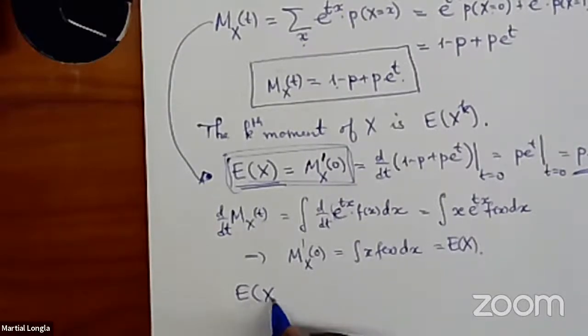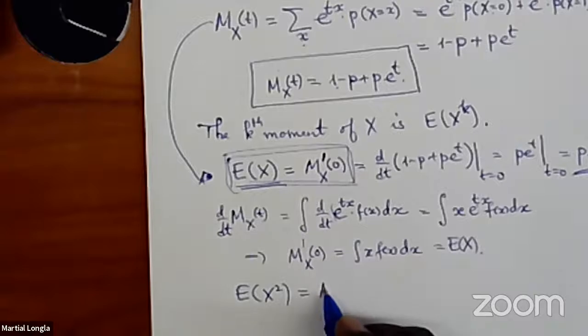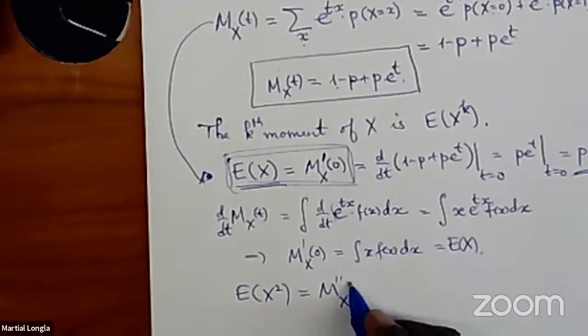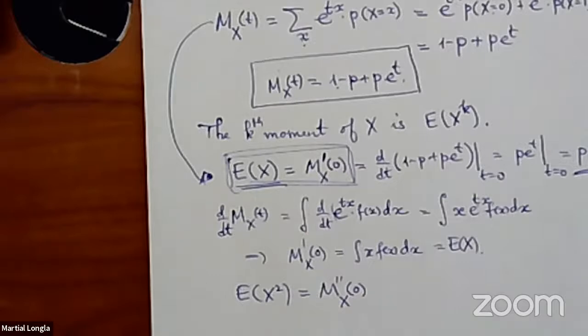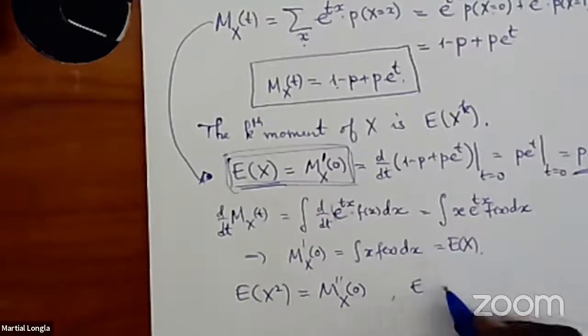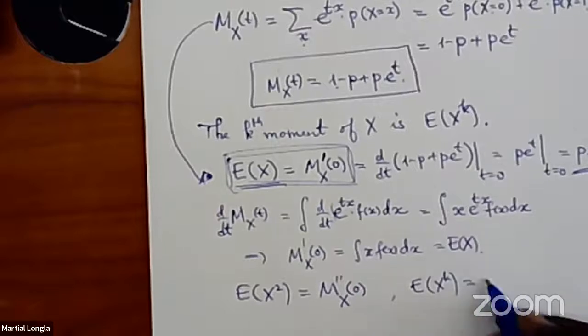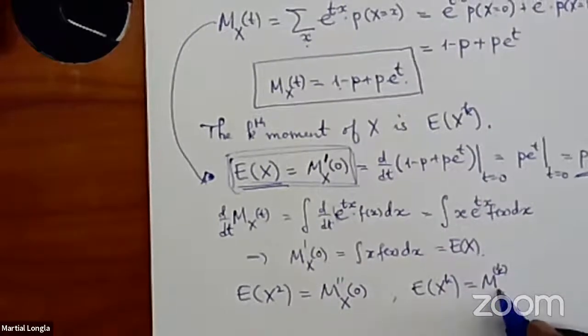The expected value of x squared is the second derivative of the moment generating function at 0. When they exist, the expected value of x to the k is the kth derivative of that function at 0. That's why it's called the moment generating function.